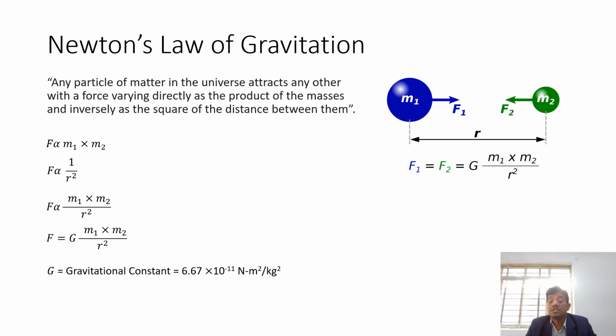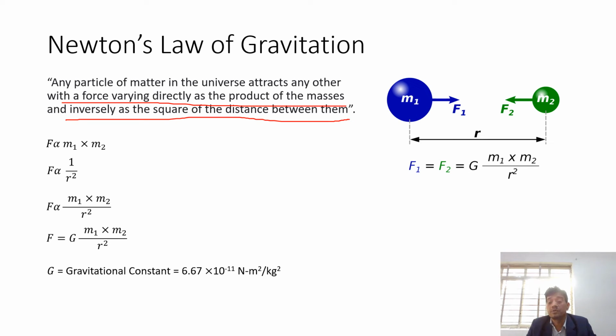This gravitational force of attraction is directly proportional to the product of their masses, right, and inversely proportional to the square of the distance between them. There are two bodies I have taken, whatever they may be. One is of mass say m1, another is of mass m2, right? I am repeatedly telling, this is the gravitational force.